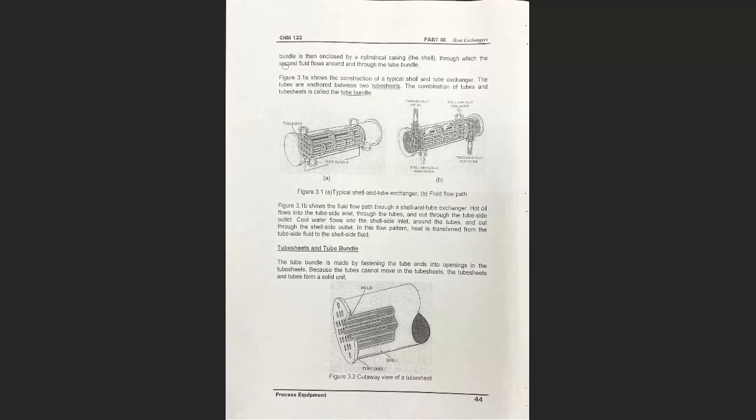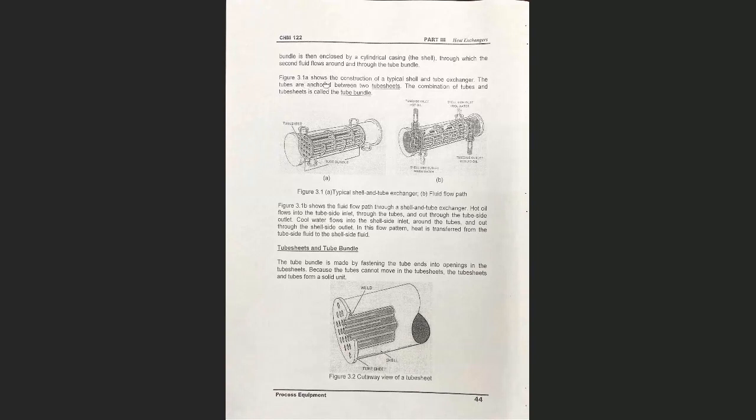So the bundle is then enclosed by a cylindrical casing, which is the shell. We'll see what the bundle is actually, guys. It is this combination of tubes and the tube sheets, as we are going to see inshallah right now.